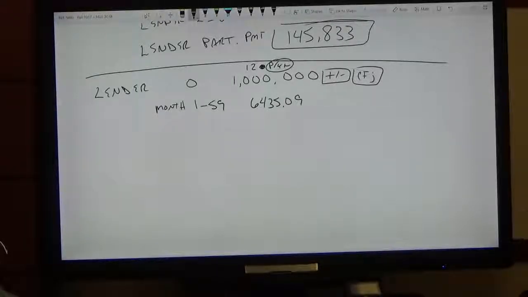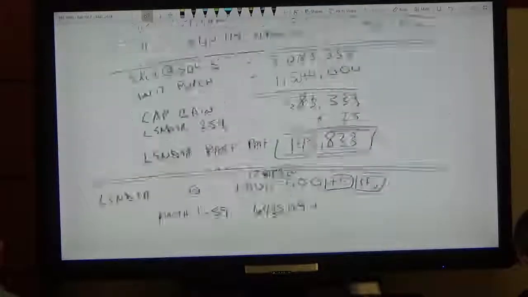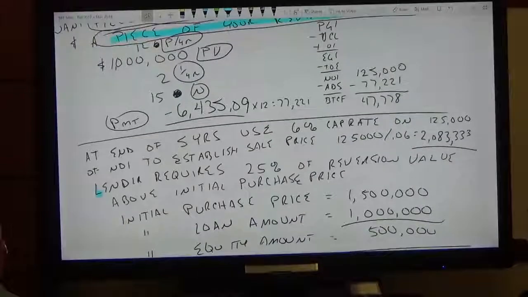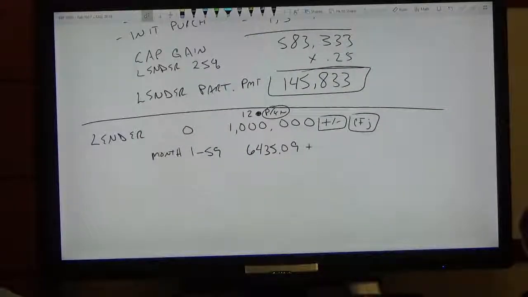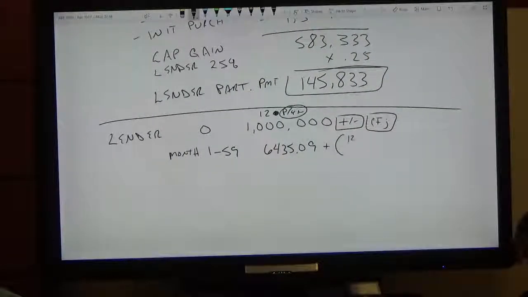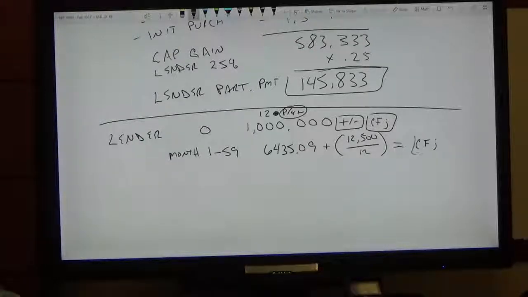Now, they're also going to receive 1/12 of whatever the NOI number was, if we're going to do this on a monthly basis. And that NOI number that they were scheduled to receive, say 12,500. So we take 12,500 divided by 12, whatever that is. And then that number is going to be the cash flow that they received those first 59 months.